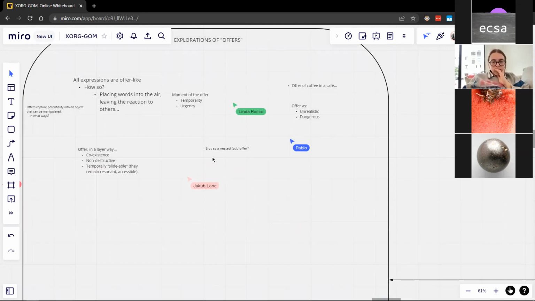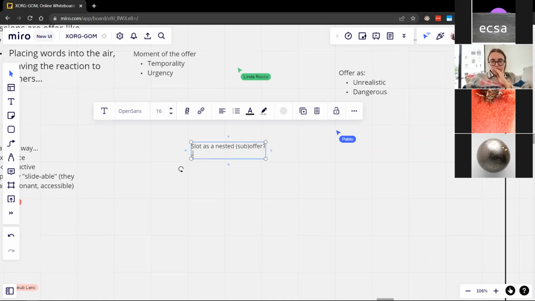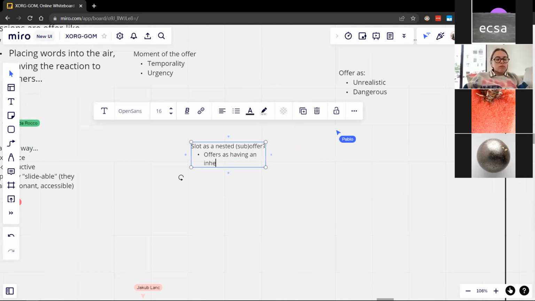Jakub created an interesting, I would think of it almost like a cabinet slot as a nested subwoofer. I'll explore this cabinet. Add to your offers an inherent nesting capability.